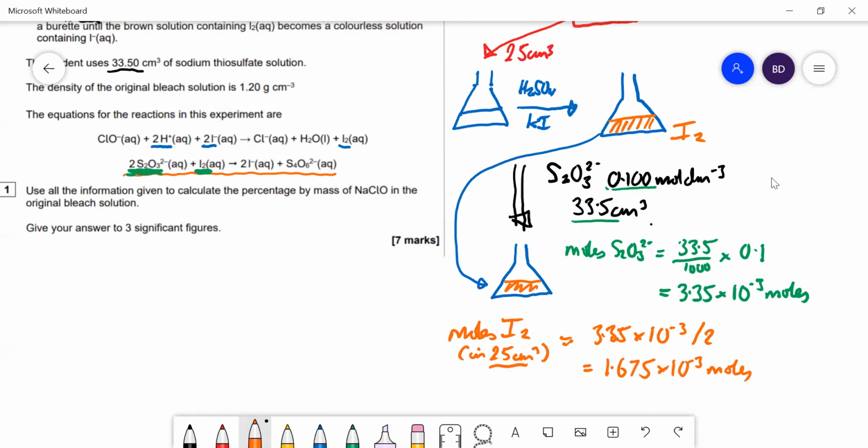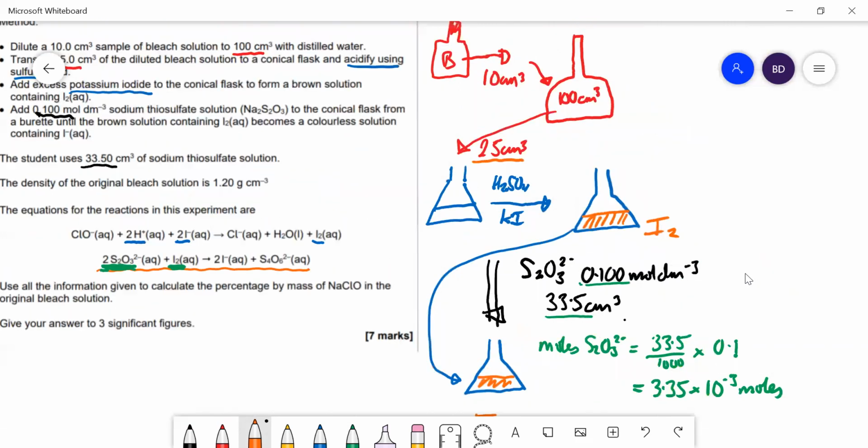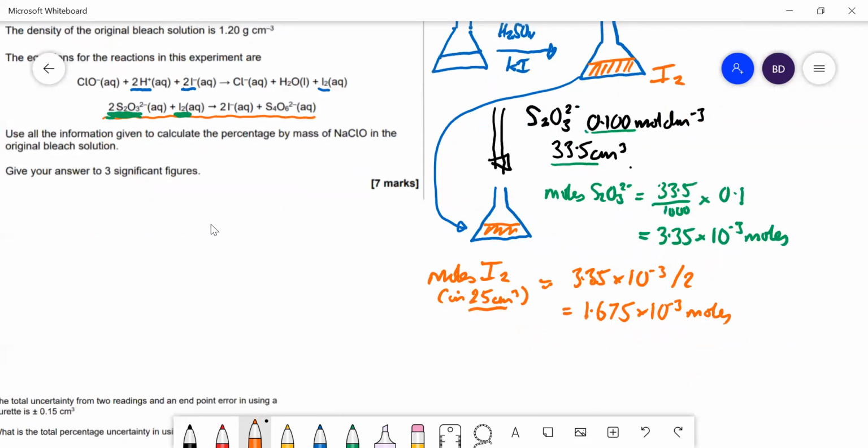Now this is in 25 centimeters cubed, but look, what did we do here? We scroll up here. We had a total volume of 100. So that means if we want to find the moles of iodine here, we're going to times that number by 4. 4 lots of 25 is 100. So let's do that. I'm going to start writing over here because I've got more room.